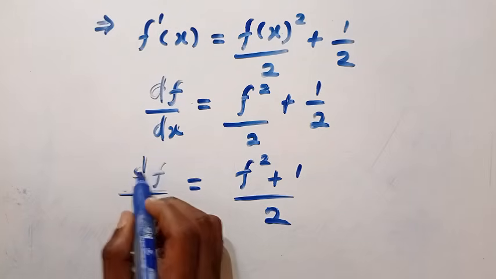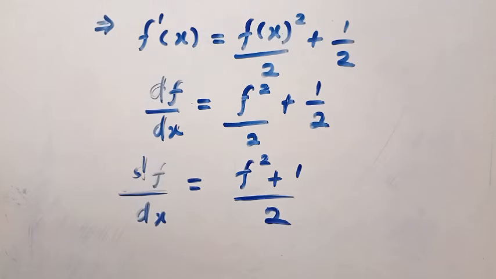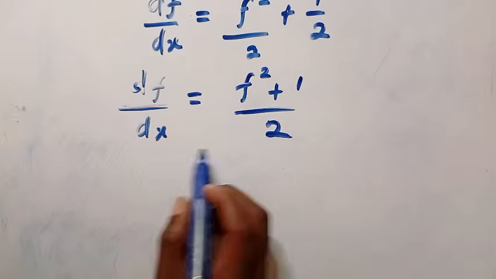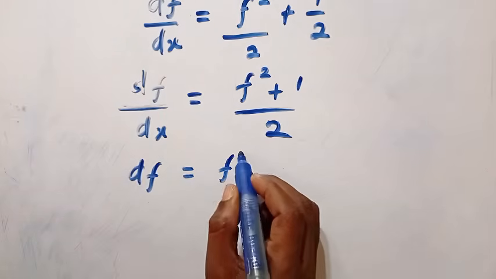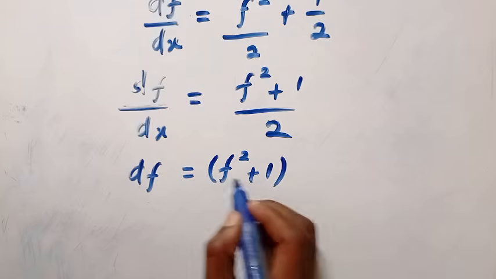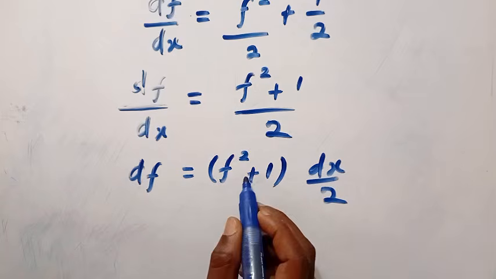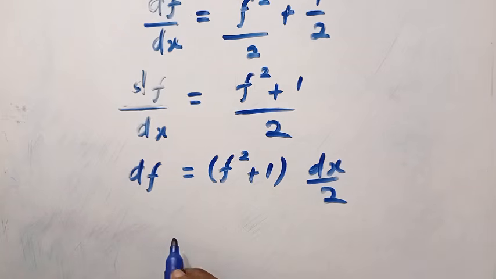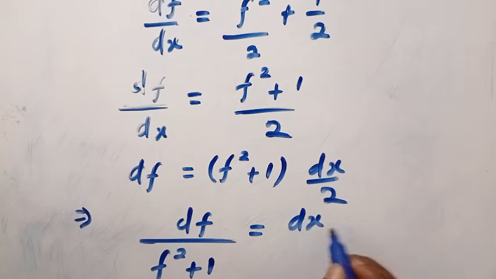To separate the variables properly, this f squared plus 1 is coming here and the dx is going there. By cross multiplying, we have df equals f squared plus 1 in brackets multiplied by dx divided by 2. Then we divide by f squared plus 1. After doing that, we have df divided by f squared plus 1 equals dx divided by 2.